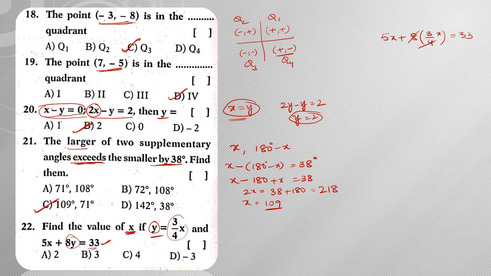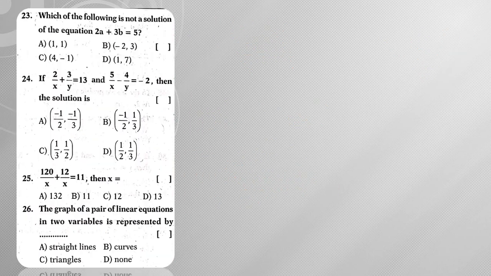In the 4 table we can cancel 8 two times. Then from this, what I am going to get, 5x plus 6x is equal to 33, which is nothing but 11x is equal to 33, x is equal to 3. Hence the answer is x is equal to 3. The same way we can find out the value of y also, right?